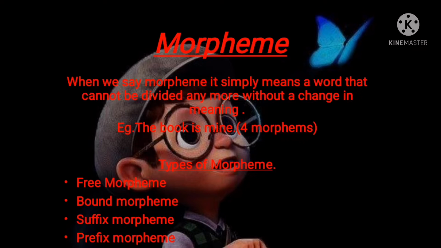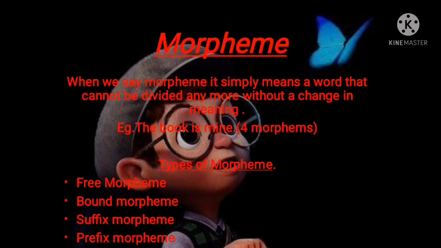So if you say the book is mine, you are telling everybody the book belongs to you. You can't say it's mine. What is yours? No. So you have to say the book is mine. This makes a meaning of what you are saying. So this is an example of a morpheme.